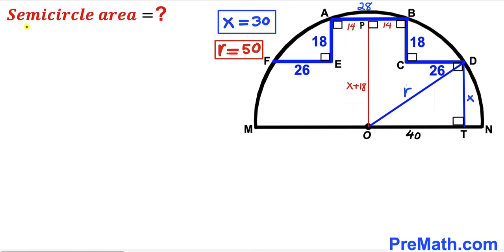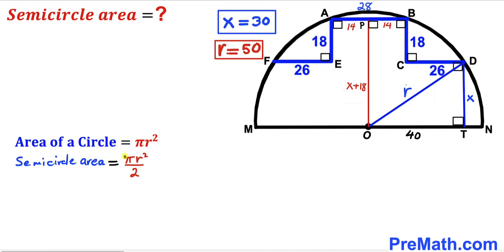And here's our final step. Now we are going to calculate the area of the semicircle. Let's recall the area of a circle formula. Area is always equal to pi r square, where r is the radius. Since we are dealing with this semicircle, the semicircle area formula is going to be pi r square divided by 2. So the semicircle area is going to be pi divided by 2 times our radius 50 whole square. Let's simplify.